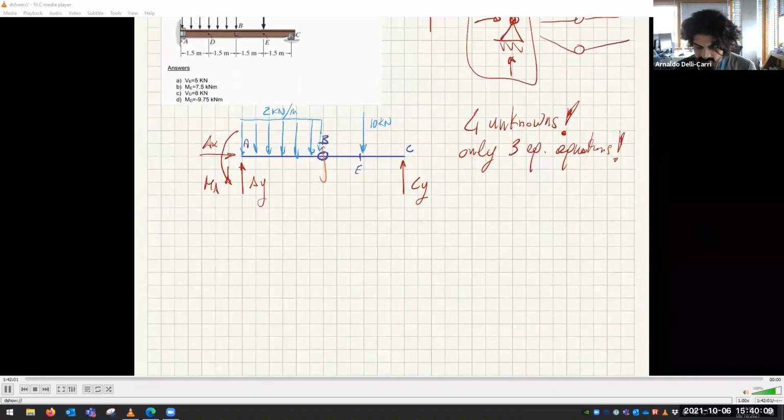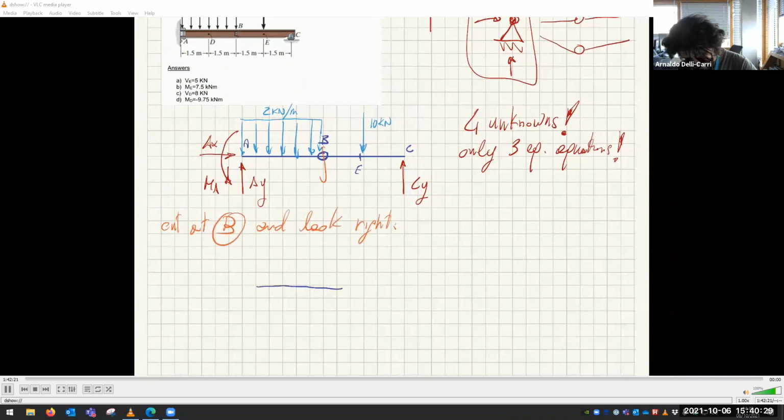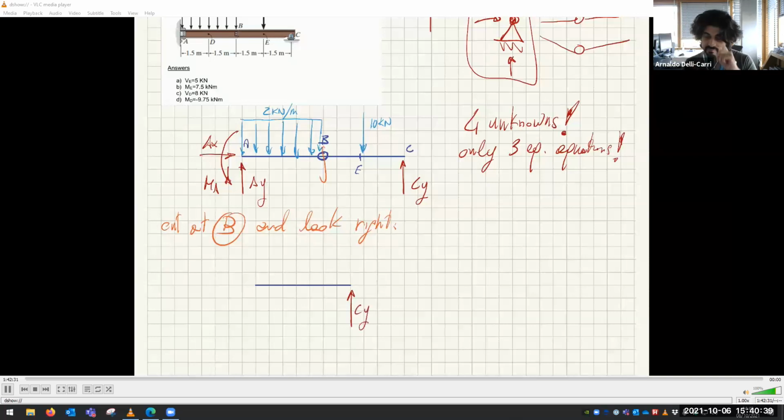So we can look left or we can look right. But let's look right. Cut at B and look right, you get this condition. CY, which is still unknown, unfortunately.